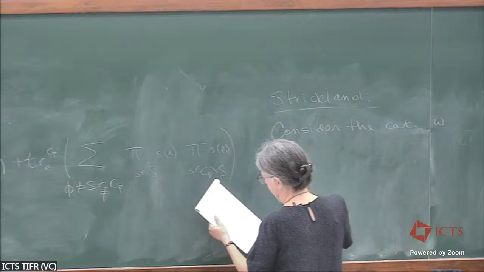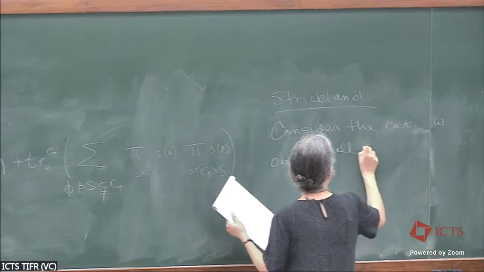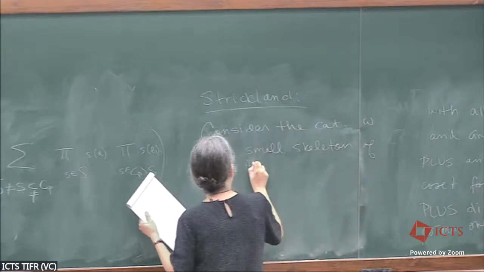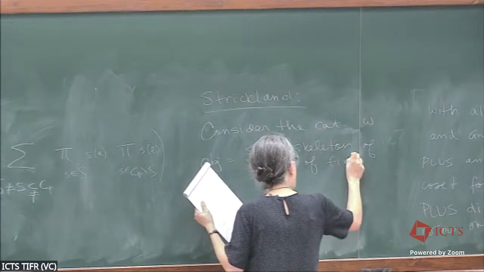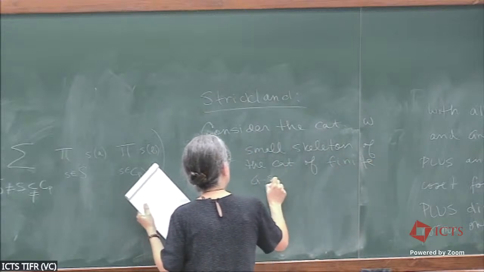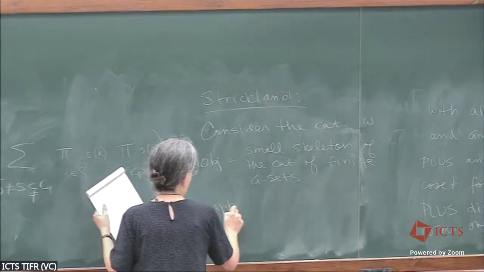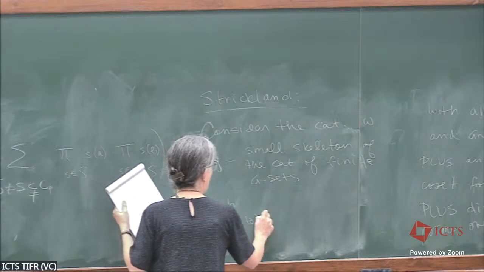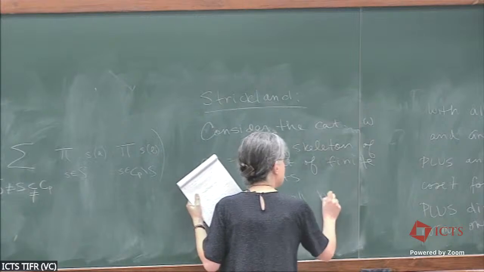Objects are a small skeleton of the category of finite G sets, and morphisms from X to Y are all bispans.